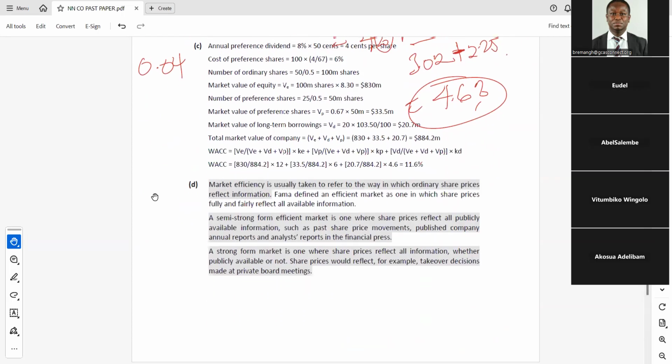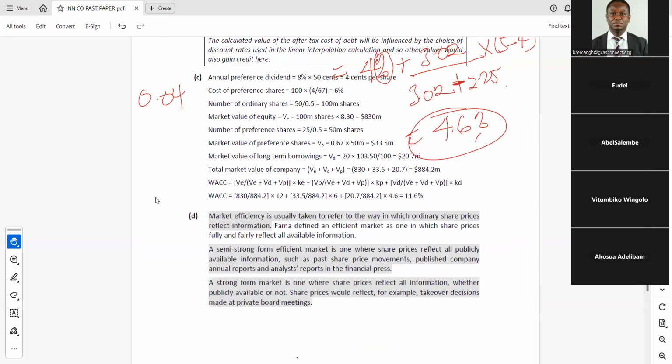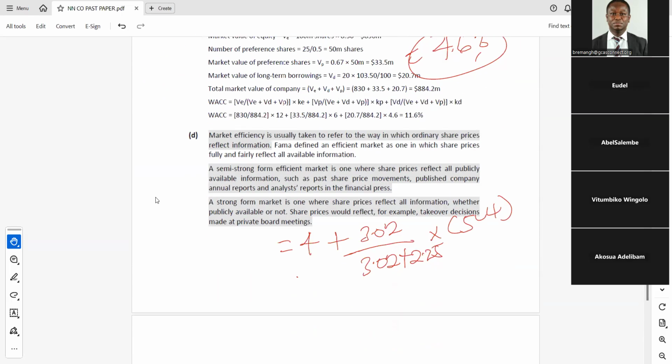Now let me be a little like a mathematician, somebody who has done hard maths. So 3.02 over 3.02 plus 2.25, times 5 minus 4. Let me just throw more light. What we are going to do is solve this aspect, then add it to 4.